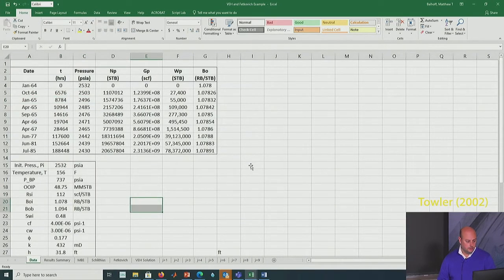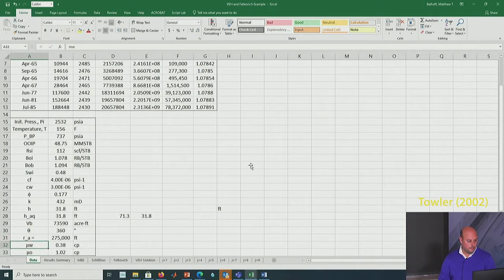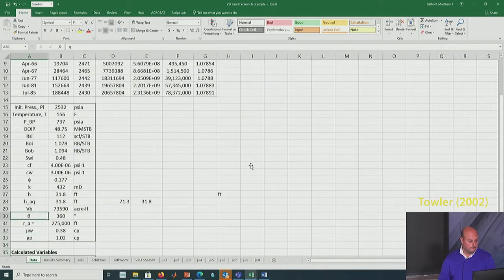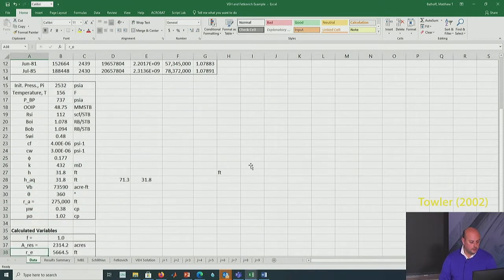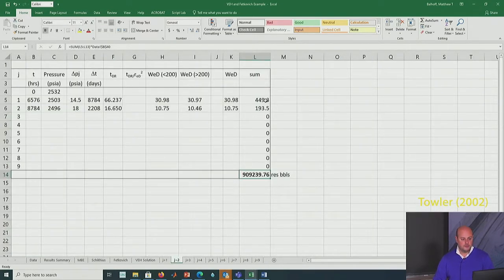That's the U term over here, calculated down here. So U is calculated as 14.68. So I multiplied it by the sum of 449 and 193, and I got 909,000 barrels.